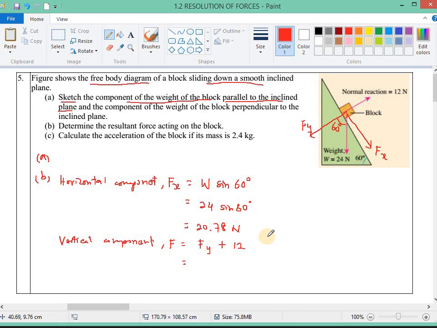Here we calculate the vertical component. The vertical component is the Fy plus the 12, plus the normal reaction. This Fy is adjacent to the 60, so we use cos.